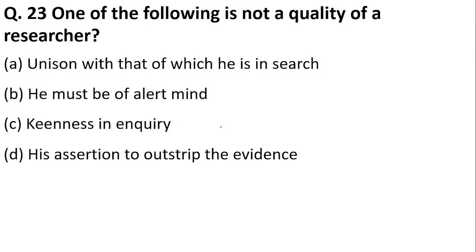Which one of the following is not a quality of a researcher? Unison with that of which he is in research, he must be alert mind, keenness in inquiry, or his assertion to outstrip the evidence. Which of the following is not a quality of a researcher?